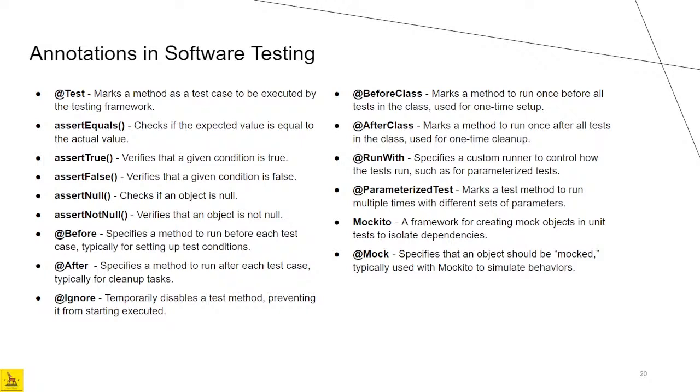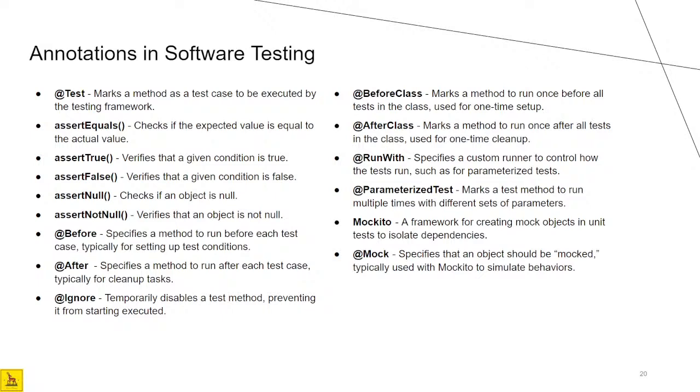We can use @Before to specify a method to run before each test case, typically for setting up conditions. We can use @After to specify a method to run after each test case, typically for cleanup tasks. We can use @Ignore to temporarily disable a test method, preventing it from running when executed.